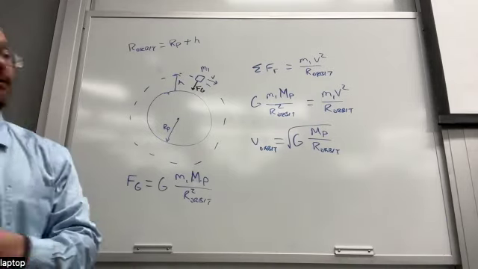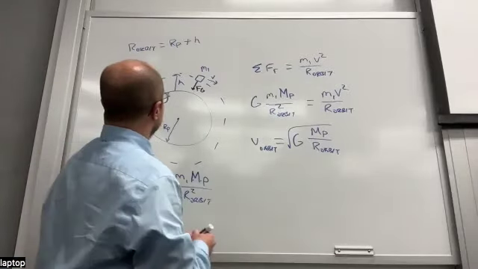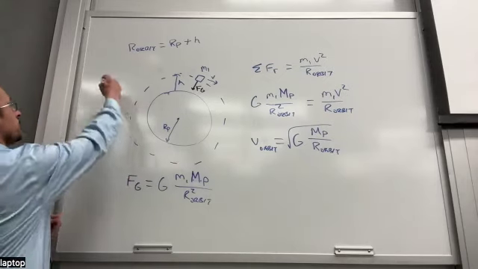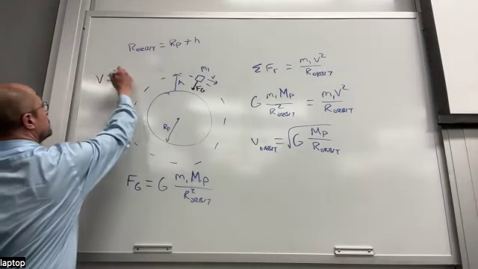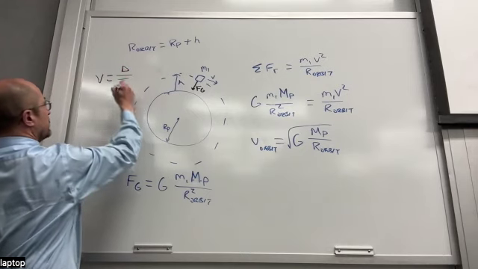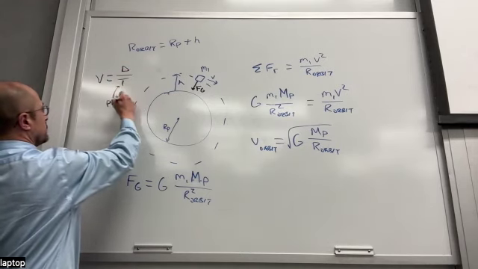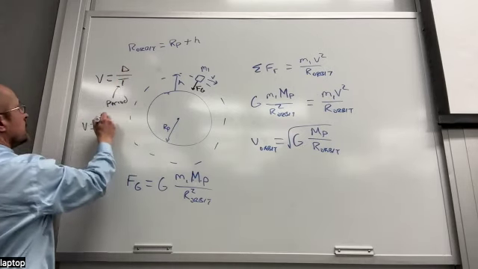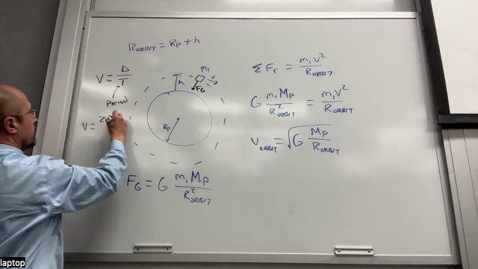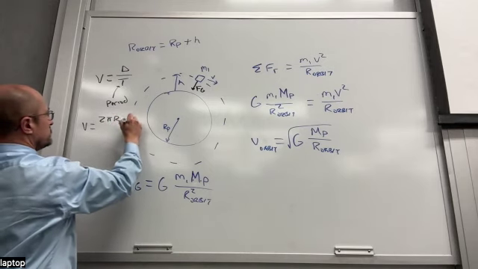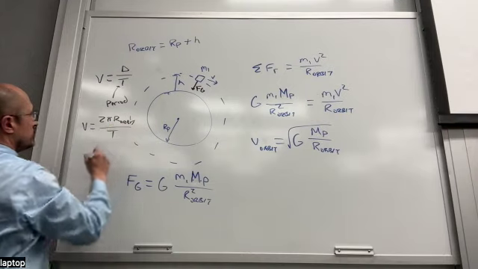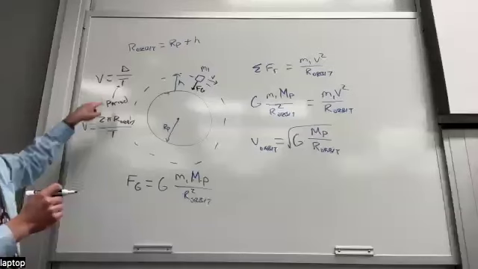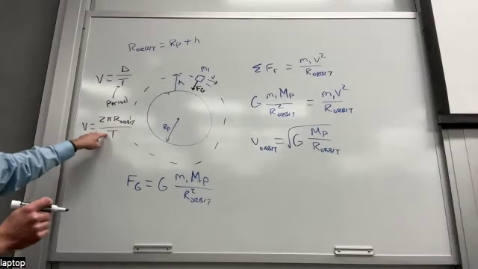Now, the other part you can do is you can remember, since we're moving at a constant speed, that velocity is distance over period, where T is period. And our distance, of course, is 2 pi r of the orbit over period. Right, because you're running a circle, 2 pi r, in this amount of time.